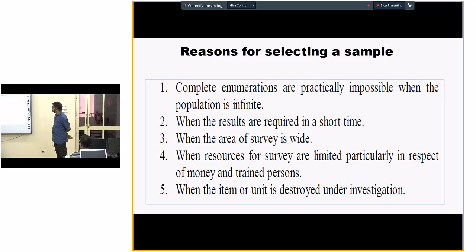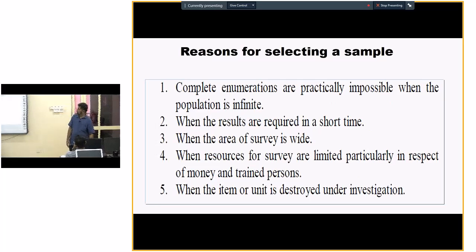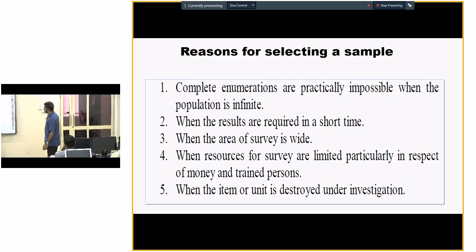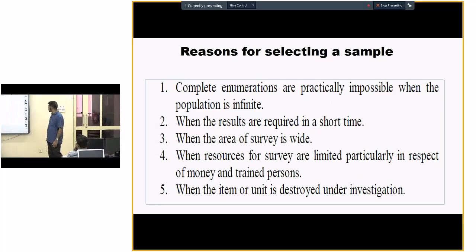When the area of the survey is wide, we can see geographically different areas. On one side we have to go to Jaffna, then Hambantota, Batticaloa, here Galle, right? It is difficult to manage. When resources for the survey are limited, particularly in respect of money and trained persons or enumerators.